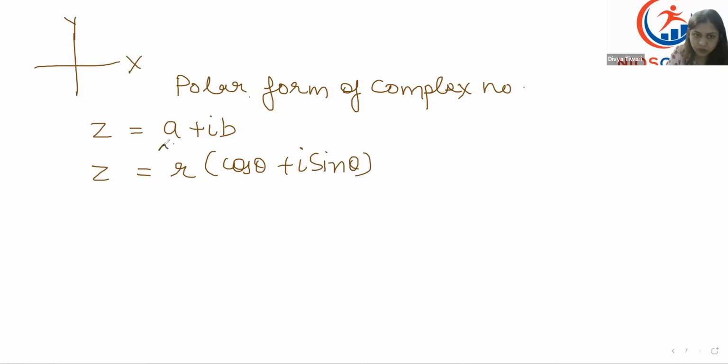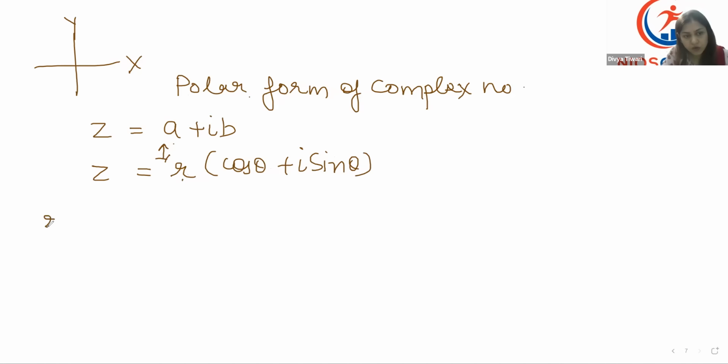Now by studying this method, we will be able to convert the Cartesian form of the complex number into the polar form and the polar form into the Cartesian form. In order to convert, I only have to find the value of r and the value of theta.